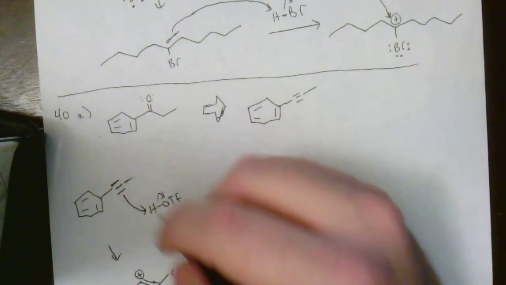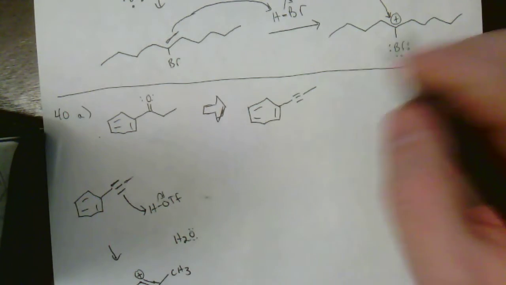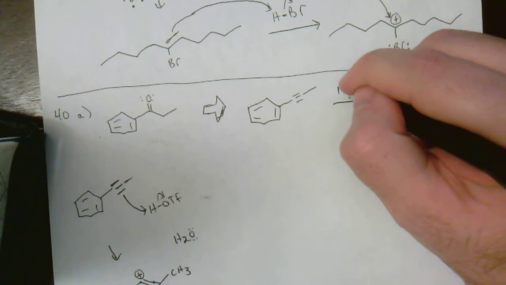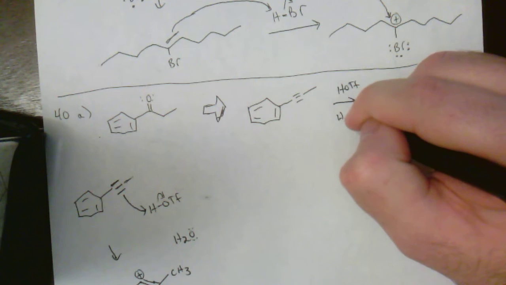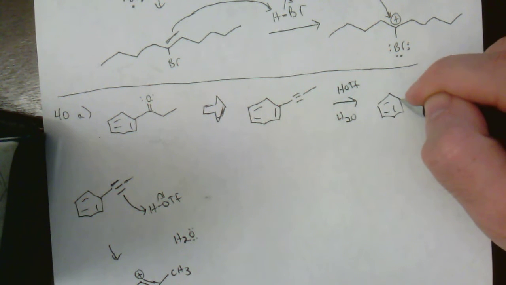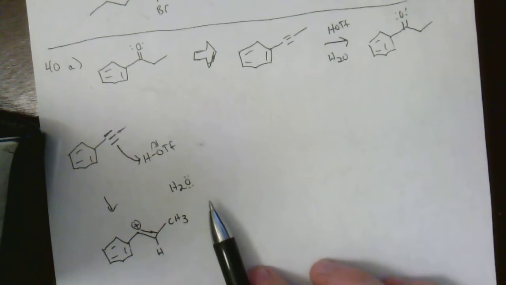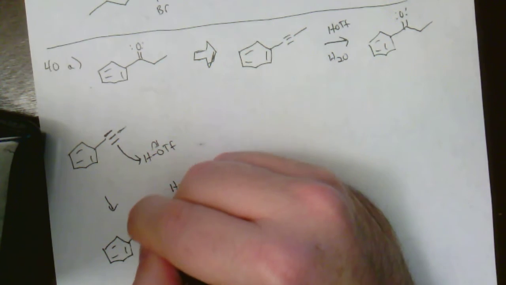Right? And the conditions we would do this reaction in, if I wanted to show this up here, would be triflic acid and water. Right? And this would be the actual reaction that we're looking at here. Alright, so this is where my water comes into play.